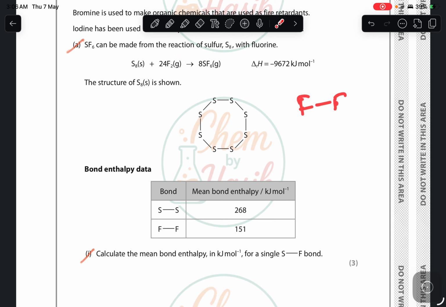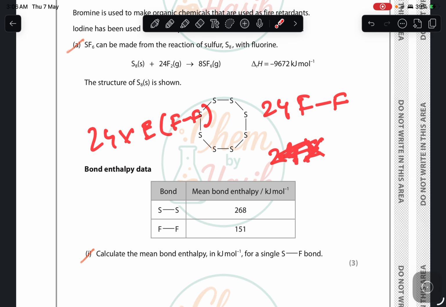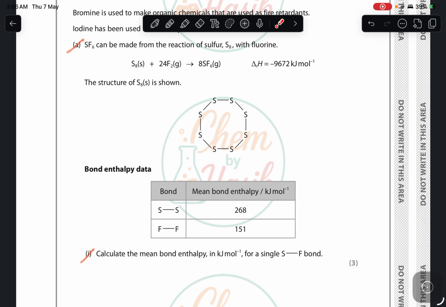In a fluorine molecule, there is 1 FF bond. If you have 24 fluorine molecules, it means 24 FF bonds will be broken. So this would be 24 times the bond enthalpy of the FF bond, which is 24 multiplied by 151. So that would be E in, right?